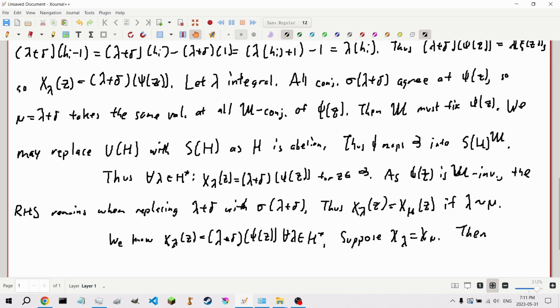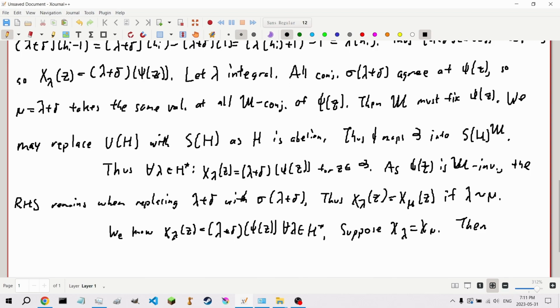Then we know that lambda plus delta and mu plus delta agree on C of this, which lies in the symmetric algebra of H invariant under the action of the Weyl group.